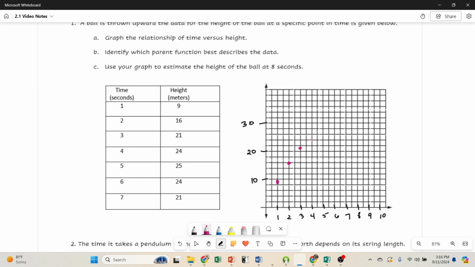which would be right there, right here. At 5 seconds, we're right here at 25. All right. At 6 seconds, we're at 24 again. At 7 seconds, we're back down to 21.